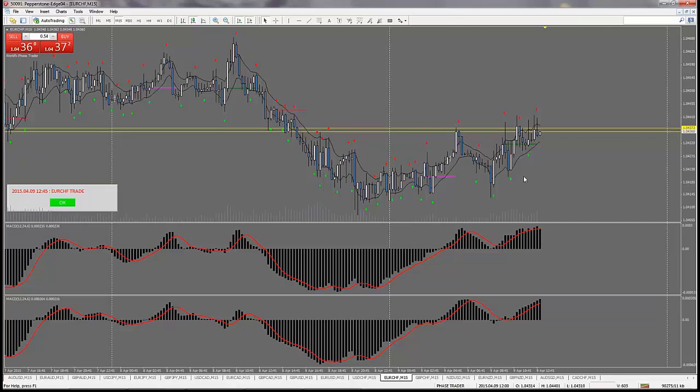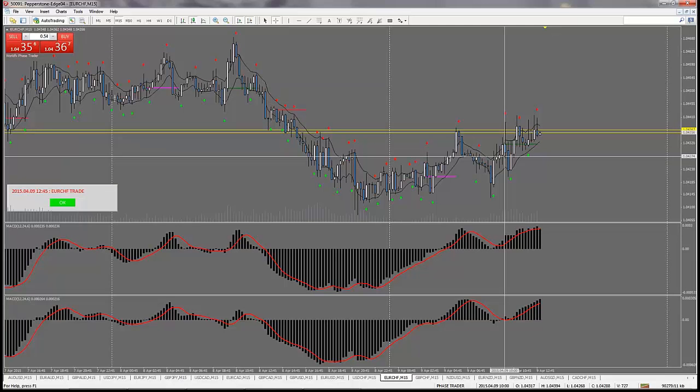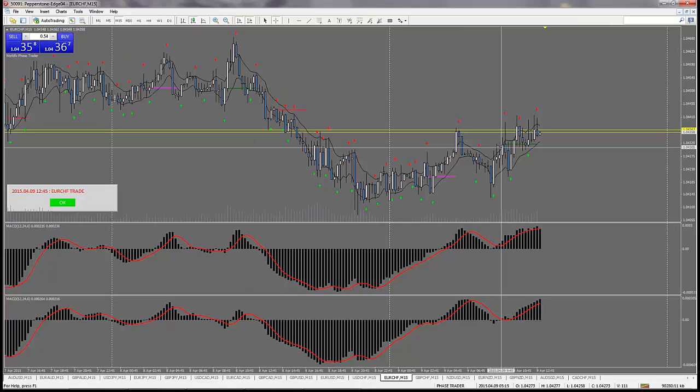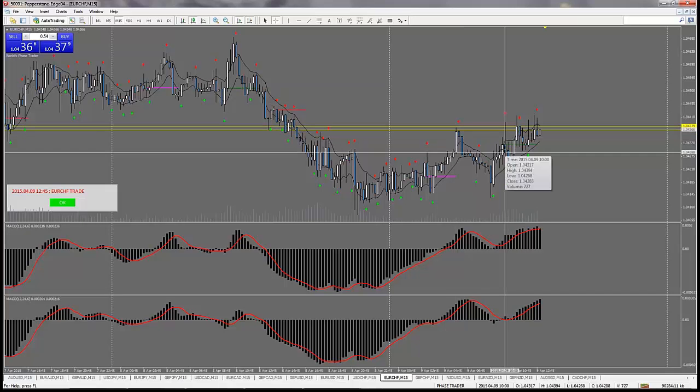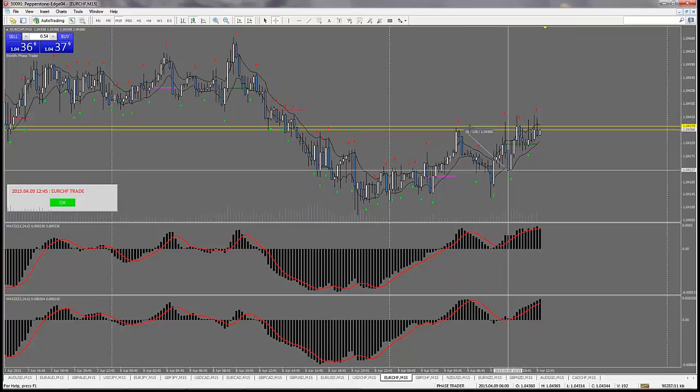Euro Swissy actually gave some good signals as soon as it opened, as soon as London opened. Just before we had a punch up into today's high, close back under, give us our signal, and we got our entry straight back on the other side. Same thing again.